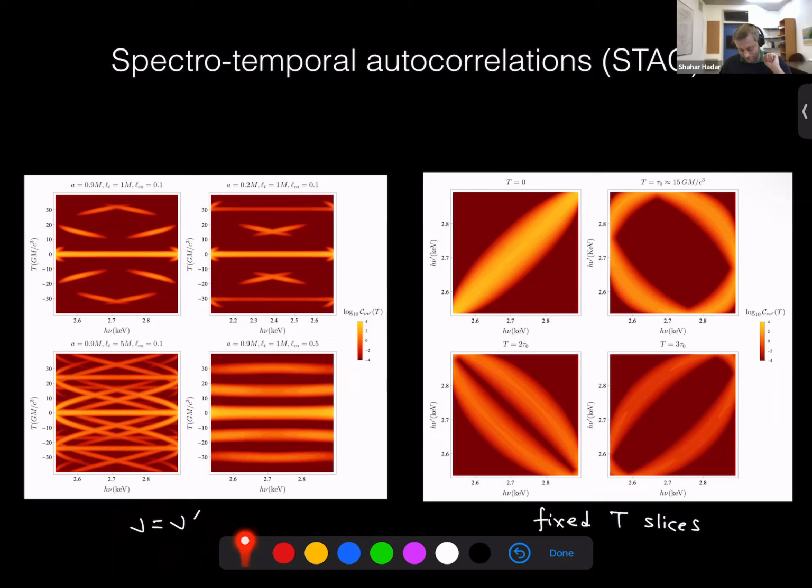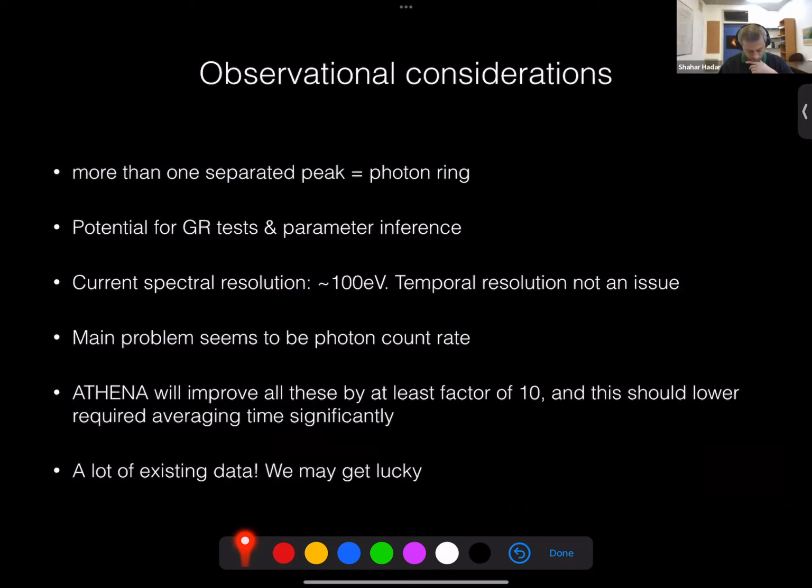Of course, in real life, everything will be more noisy, but this is the first approximation. And you can also fix T slices and look at the dependence on the two different frequencies. All right, this is another way to look at these results.